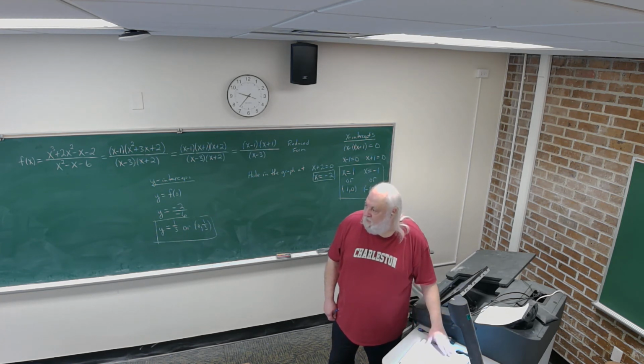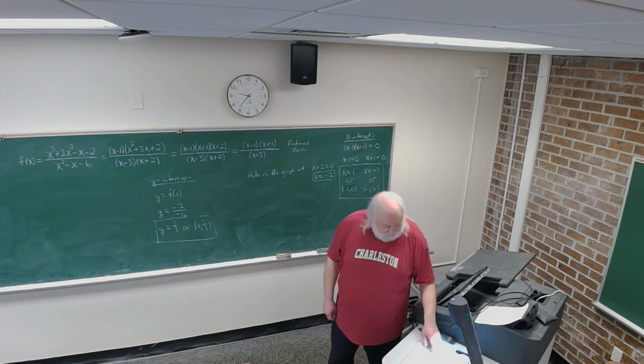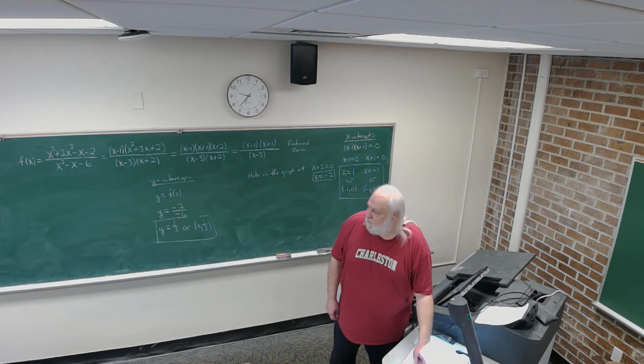Okay. So when you have that kind of behavior in the graph of a rational function, we have what is called a vertical asymptote. I have that graphed over here. You can see here's -2 on the x-axis. And as x approaches -2 from the right, we said y decreased without bound.